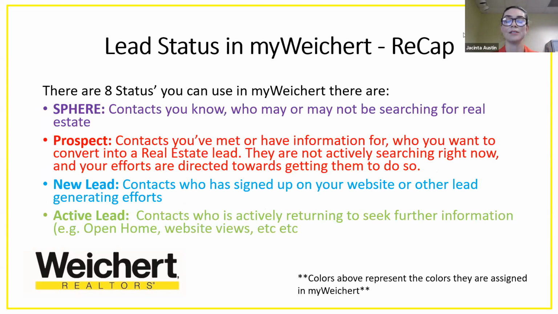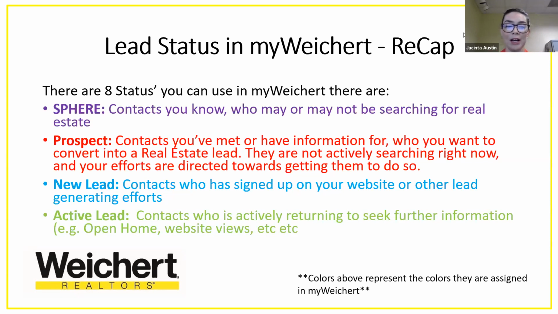Okay, just a quick recap. The lead statuses in MyWica, as you know, there are 8. So there's Sphere, contacts you know, but they may or may not be searching for real estate. Prospects, contacts you've met or have information for, who you want to convert into a real estate lead. They might not be actually searching right now, but you're going to drive your marketing efforts to do so.